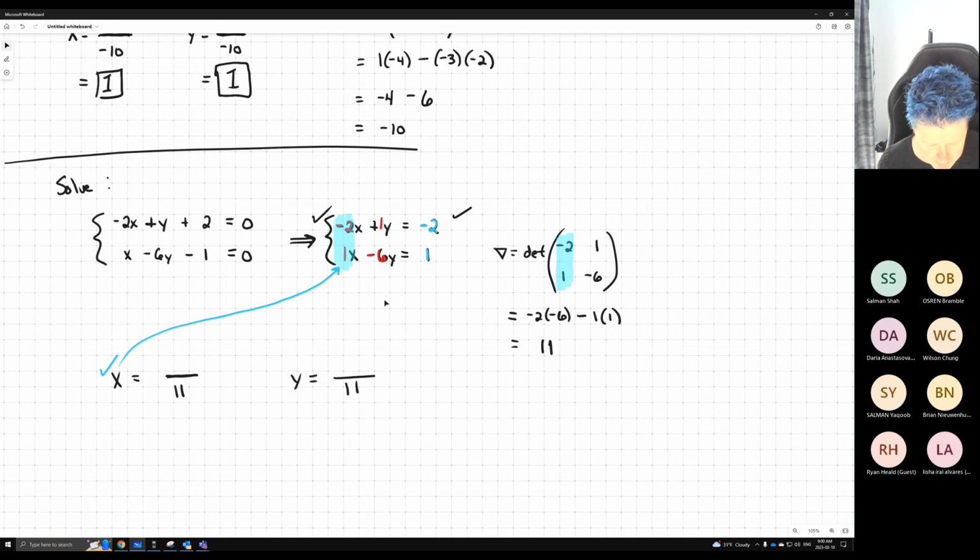Oh, let me copy first. Forgot to copy. Okay, so I'm going to replace the -2 and the 1, and in place of it, I'm going to put, interesting, -2 and 1. So in this case, you get the same thing.